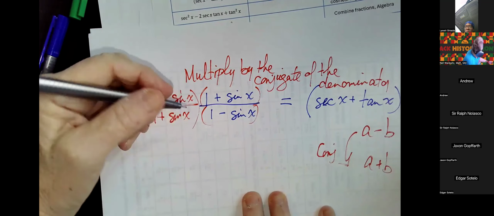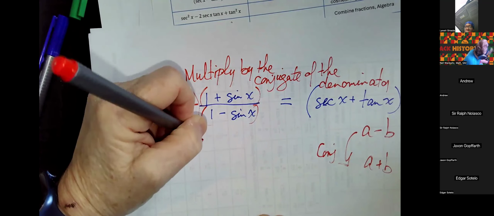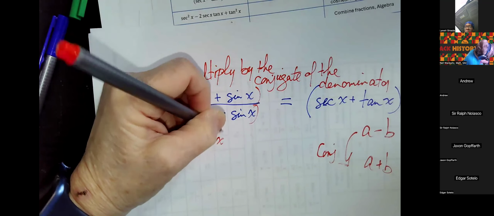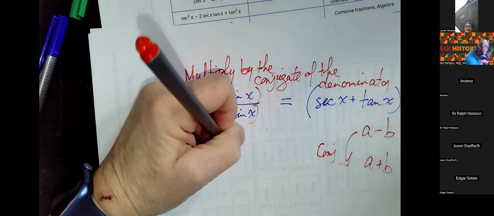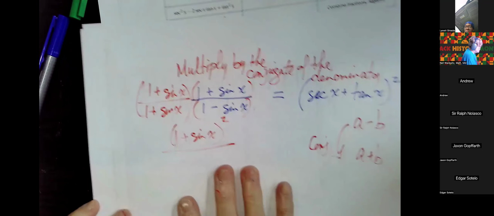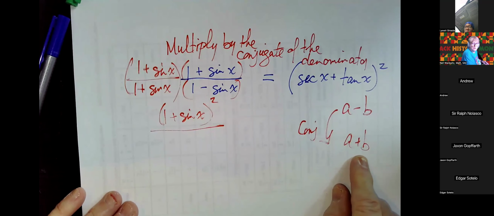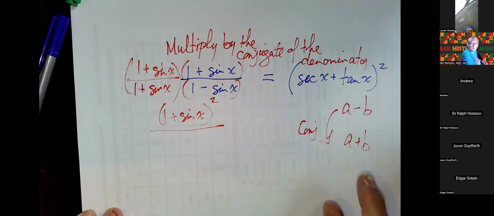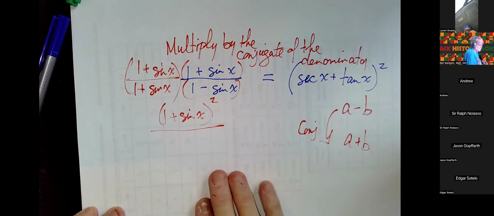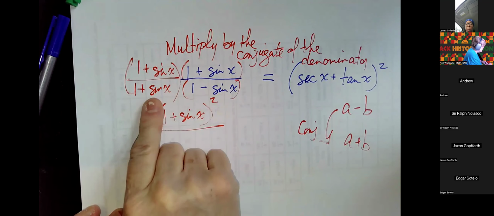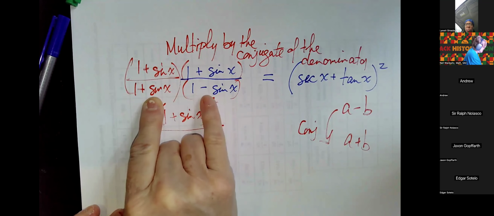In the numerator, I'll have 1 plus sine x all squared. And in the denominator, I multiplied by the conjugate on purpose, because how many middle terms do we get when we multiply 1 plus sine times 1 minus sine?